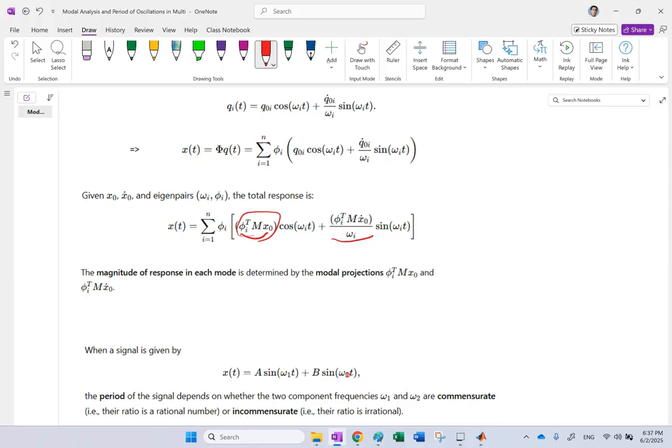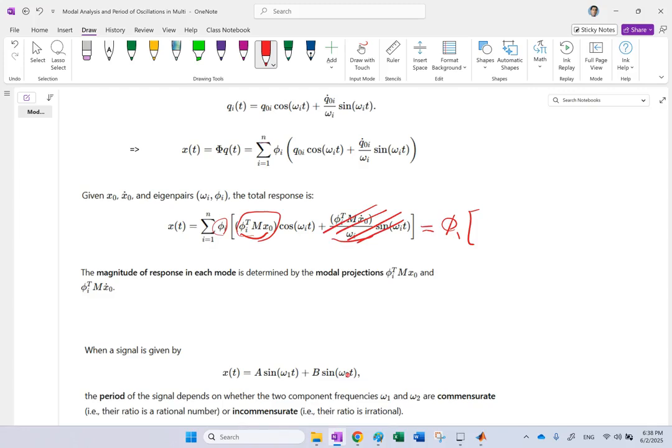So one for phi 1, then for phi 2, then for phi 3, and then we multiply them by phi. By the way, in this system, since all x dots are 0, this whole term will be 0. Okay, that makes life a lot easier for me.